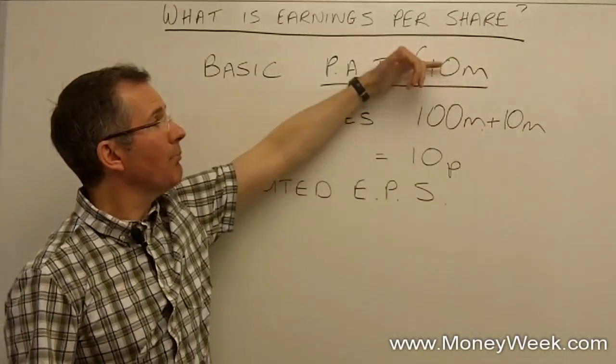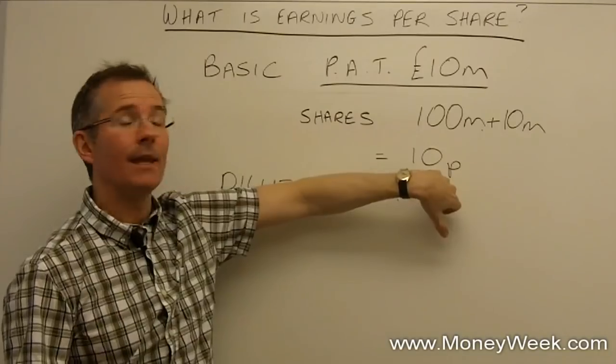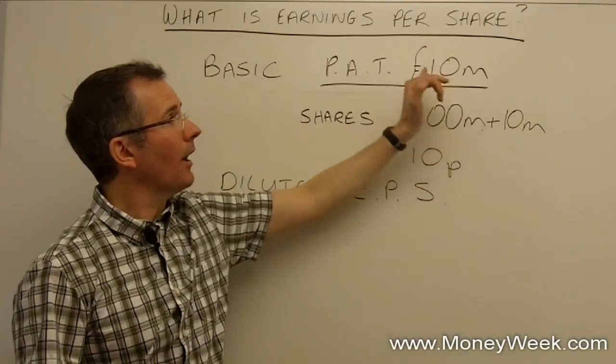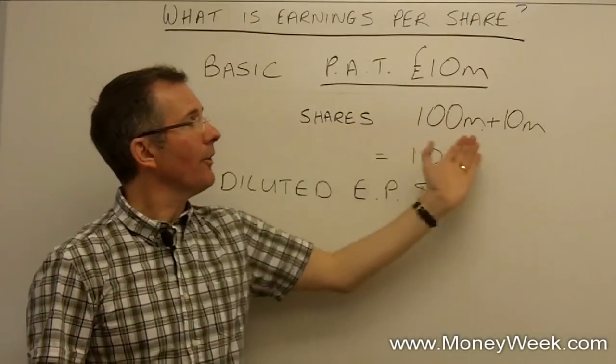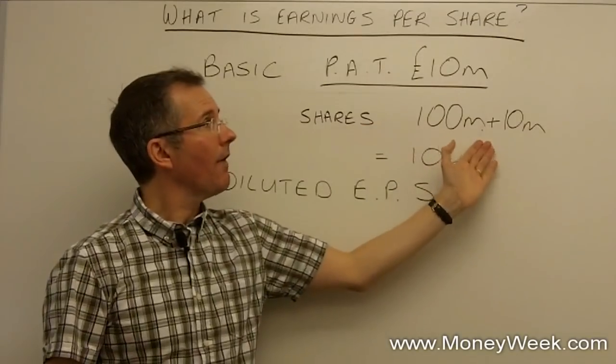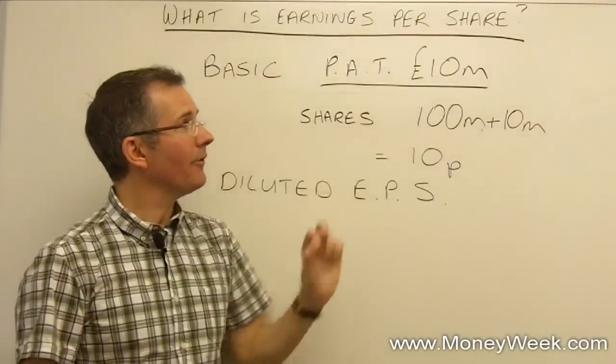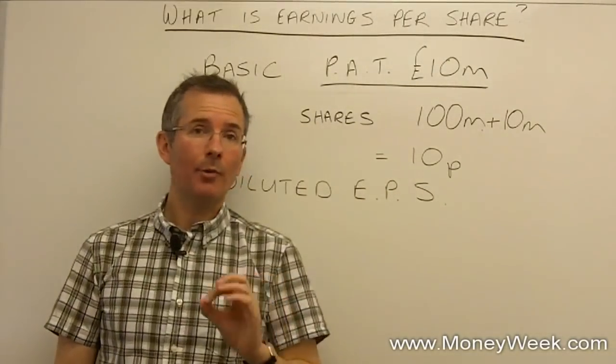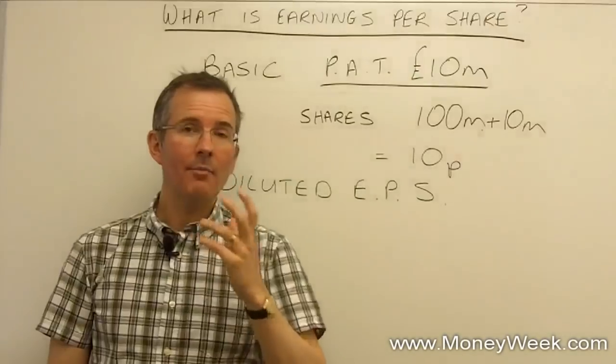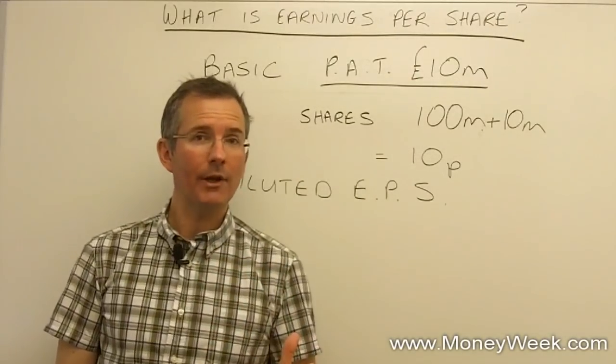So you can see that's going to pull down my 10p. Okay, so diluted earnings per share looks at things that might create more shares and therefore bring down this 10p per share. These events haven't necessarily happened yet, but that's thought to be useful to shareholders to get a picture as to what could happen to earnings per share.